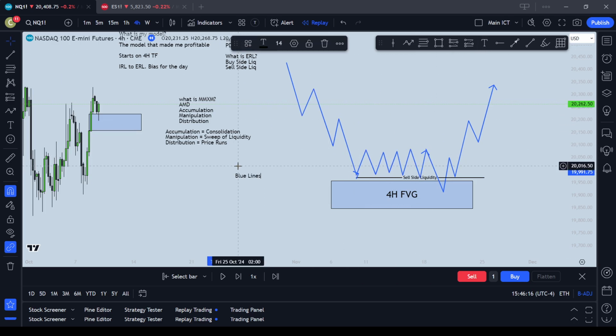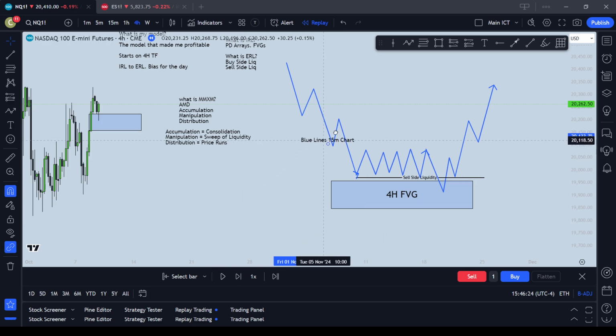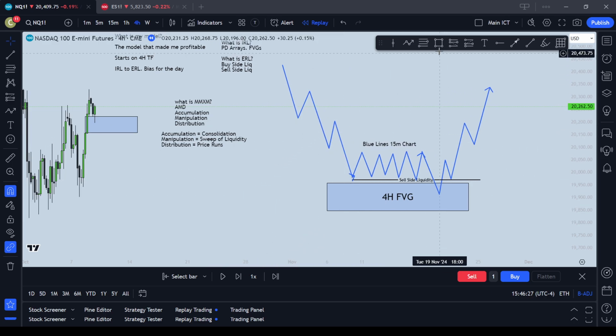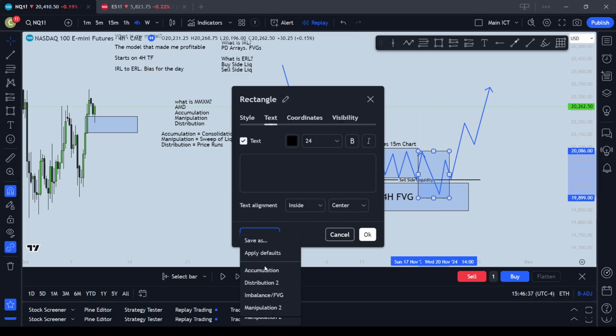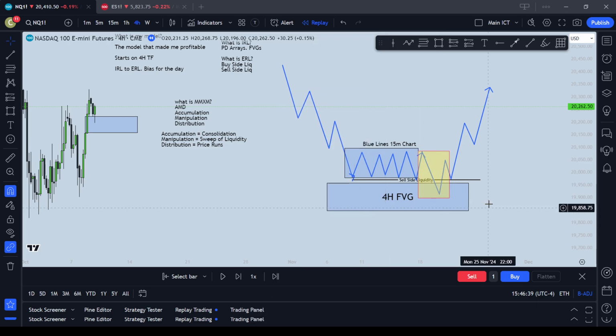And this is what you want to see when you come down into the 4-hour PD array, the 4-hour internal range liquidity, right? So this is your consolidation zone. Boom. This is your manipulation leg right here. Let me see if I still have the template for manipulation. I do. Manipulation.